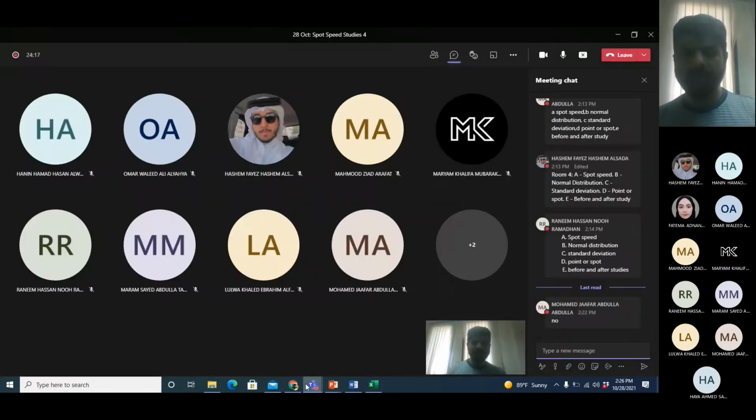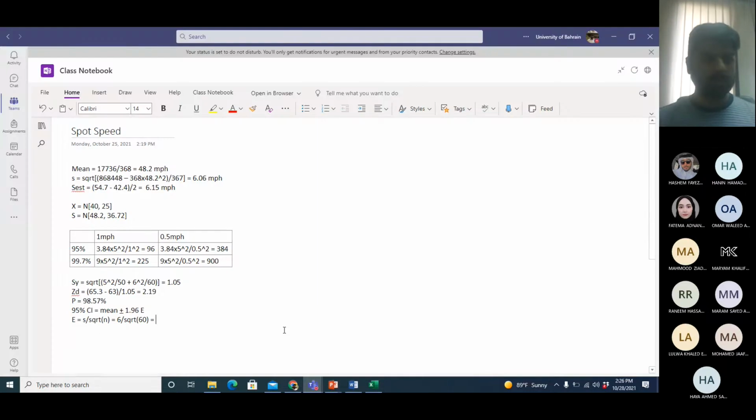How much is the value of E here? 0.775, okay. And then give me the value of the confidence interval. Mean is 63 minus 1.96 times 0.775.